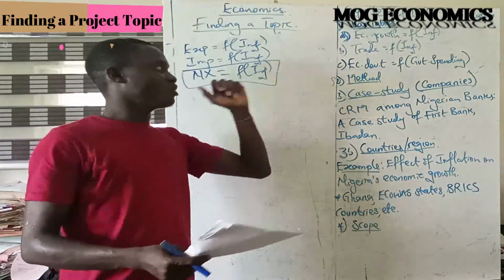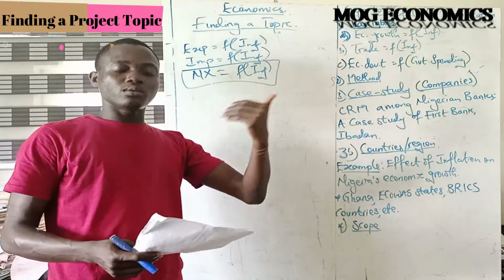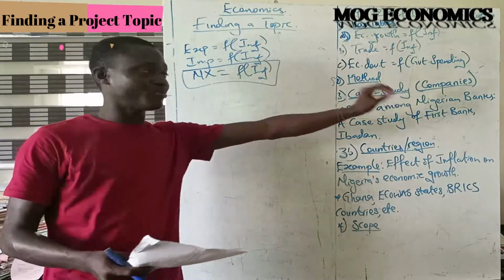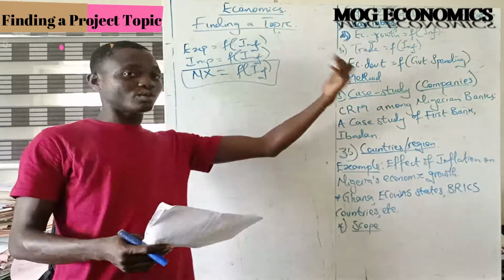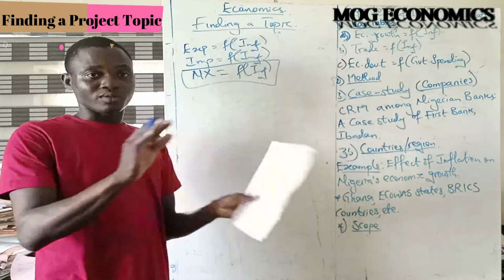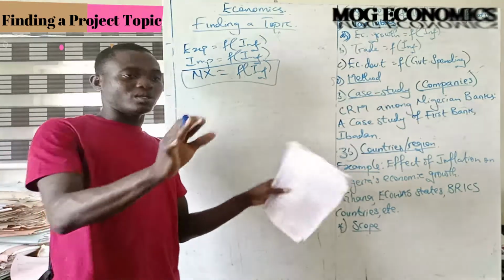So you are looking at this topic, but after going through important journals on government spending, the effect of government spending on economic development. Remember that first I said you want to talk about economic growth, for example, so you look for journals on economic growth.